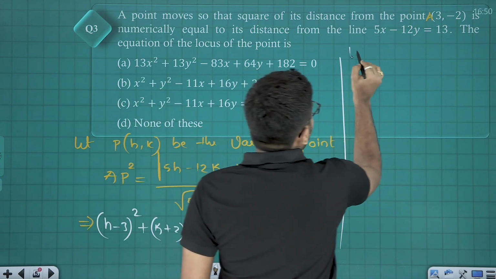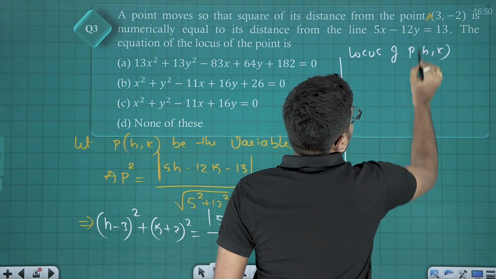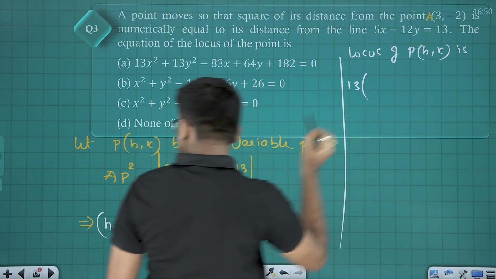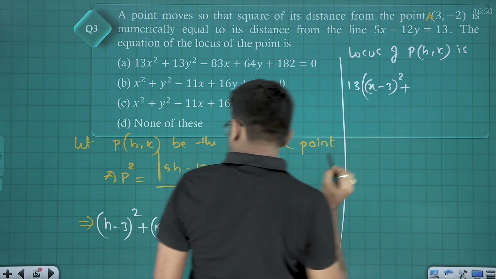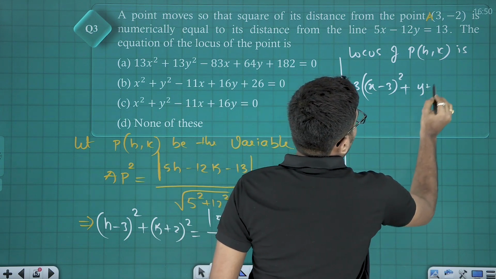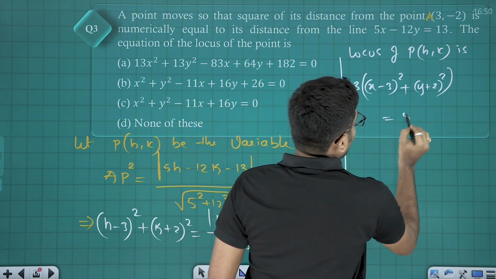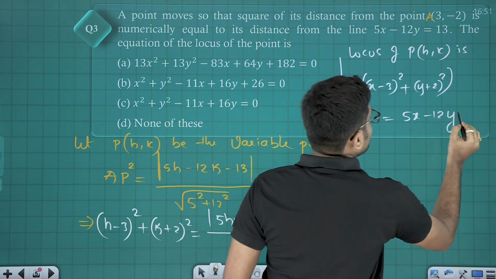So the locus of P of h comma k is, finally friends, 13 times (x minus 3) whole square plus (y plus 2) whole square is equals to 5x minus 12y minus 13.